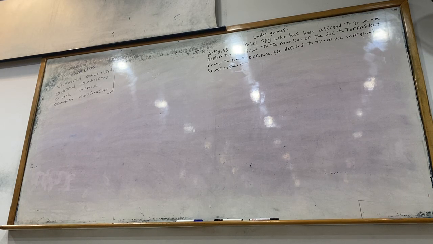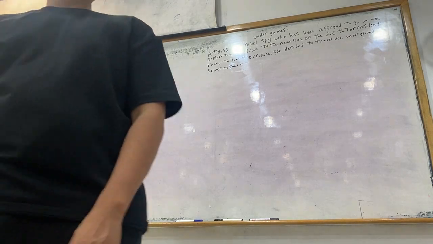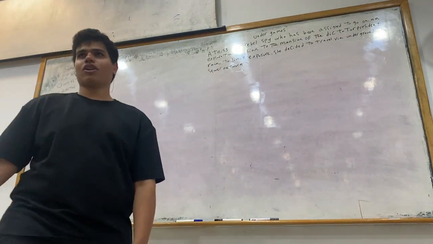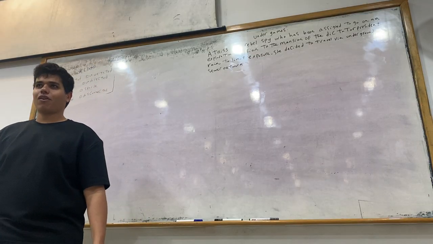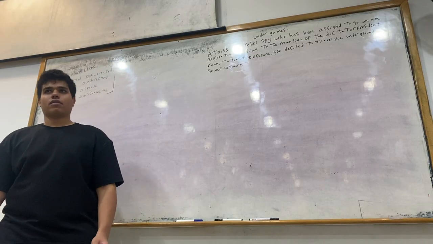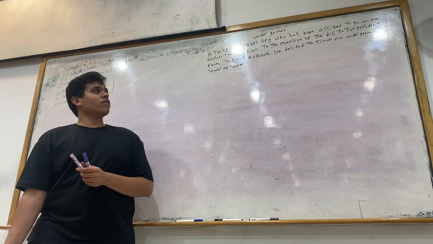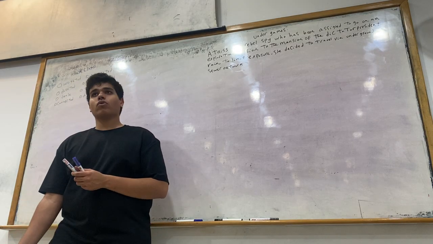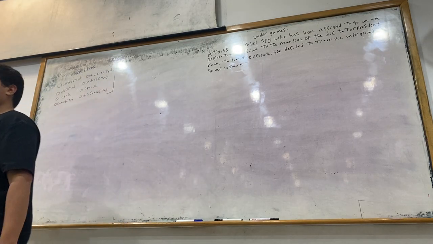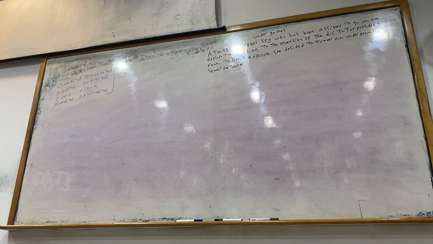Mansion is like a big house, right? In Arabic it's called Asr, but in English it's mansion. She decided to travel via an underground sewer network to limit exposure. So in order not to be caught, she traveled via the sewer network, which is the water under the ground.